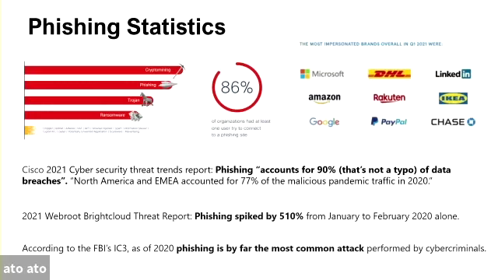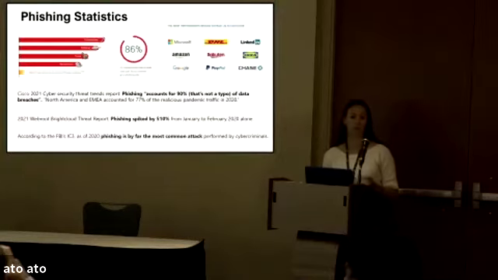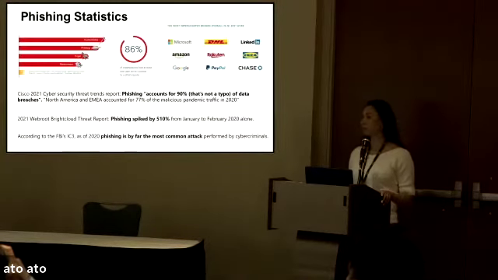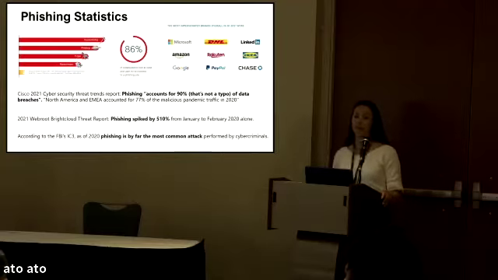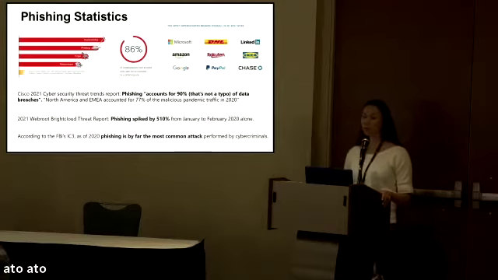Attackers take advantage of pandemics. They send out emails offering vaccinations and PPE, trying to pretend to be legitimate resources like the CDC. According to Webroot, phishing spiked about 510% just for the months of January and February 2020 alone.